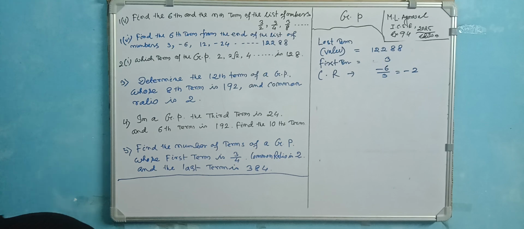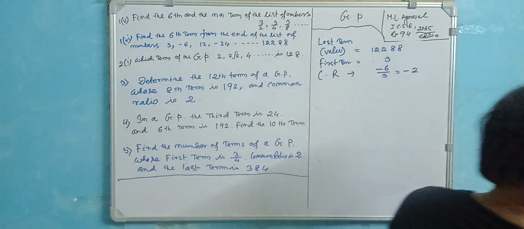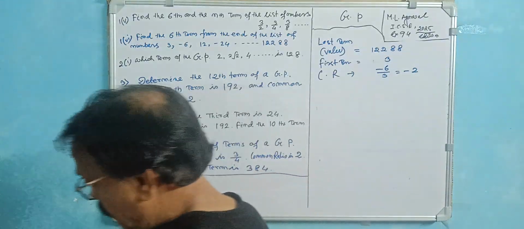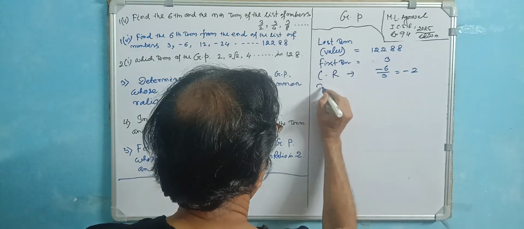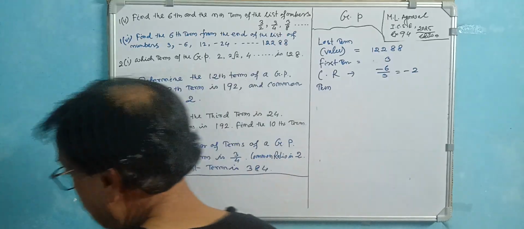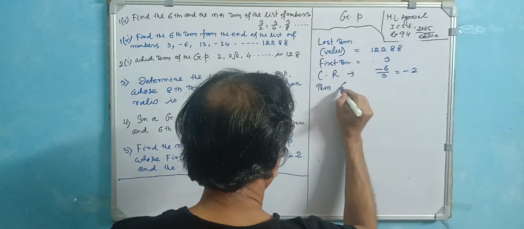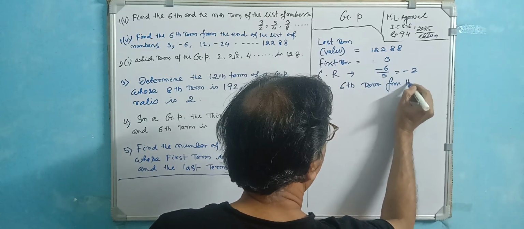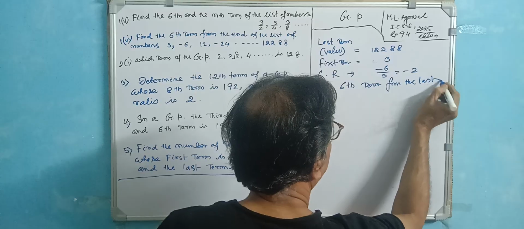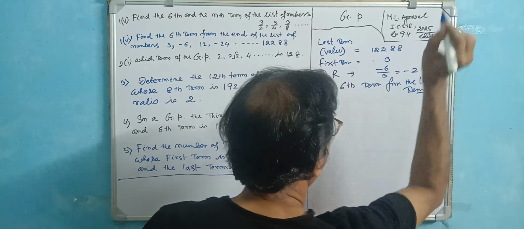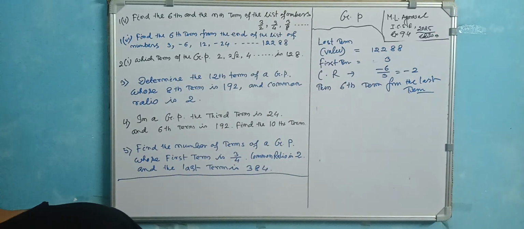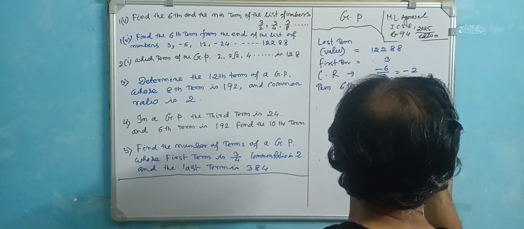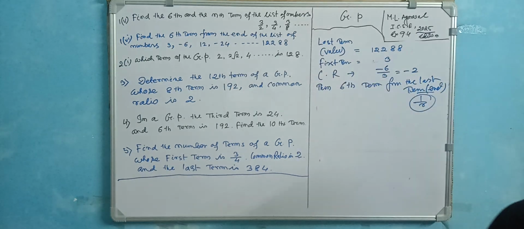Is it clear? Now, in the previous video you discussed the formula for when you calculate the last term. Then the formula for the sixth term from the end: the common ratio is 1 by R. This is very important.